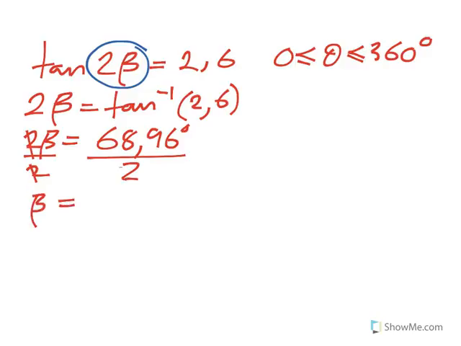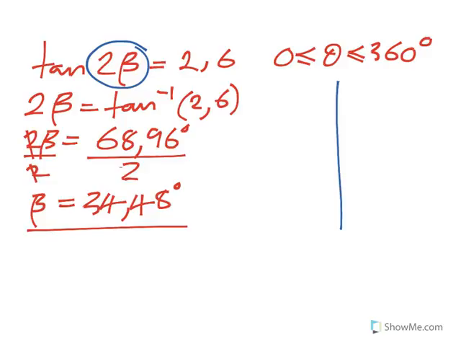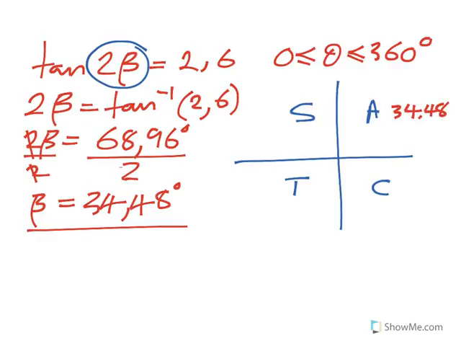Then you divide both sides by 2 to get your final angle, and your beta is equal to 34.48 degrees. Now remember, this is not the only answer. You go now to your CAST diagram. Remember, all students take chemistry, and you find a place where tan is positive. 34.48 will be here, and there is another place where tan is positive in quadrant number 3. So what is quadrant number 3?